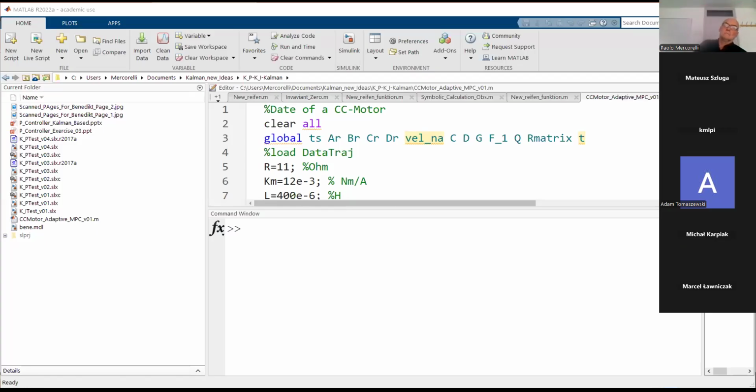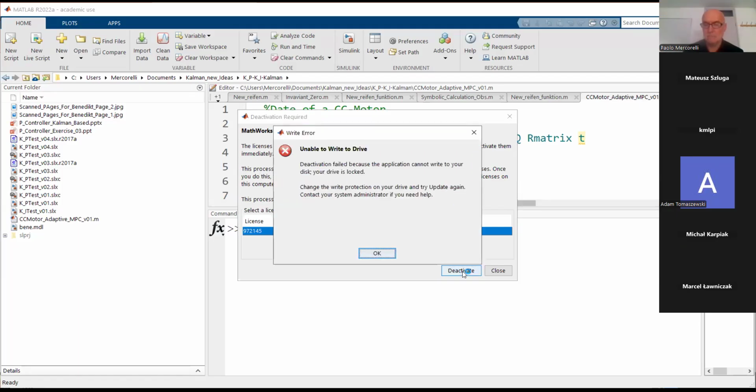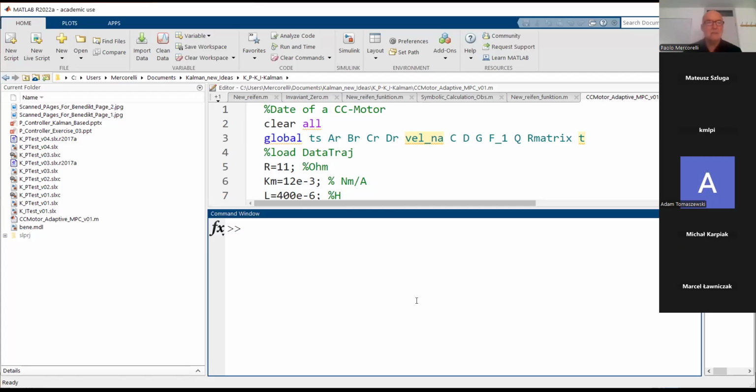Okay, let me share MATLAB. Okay, I think you see MATLAB now. Let me go into the right folder.